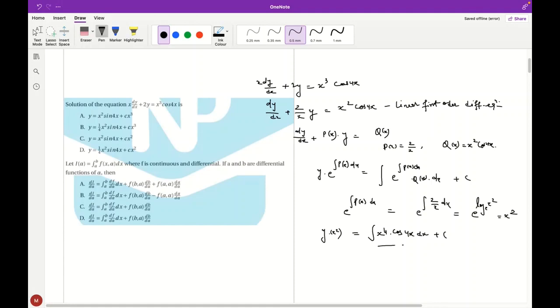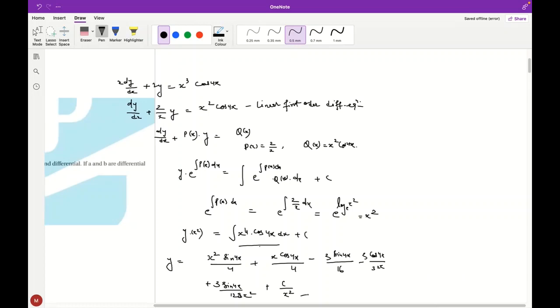When we integrate this by parts, we will get y equal to x square sin 4x upon 4 plus x cos 4x upon 4 minus 3 sin 4x upon 16 minus 3 cos 4x upon 32 x plus 3 sin 4x upon 128 x square plus c1 over x square.